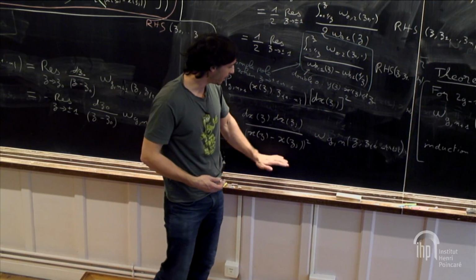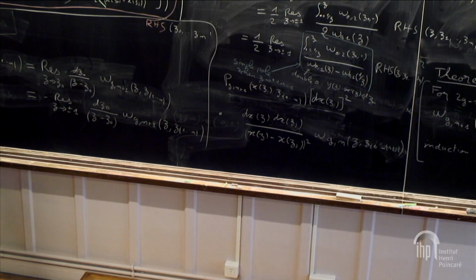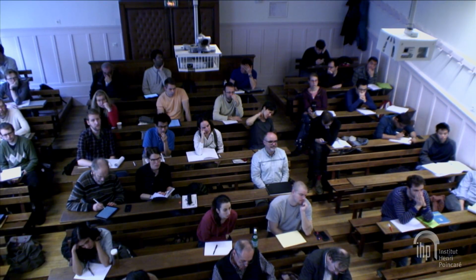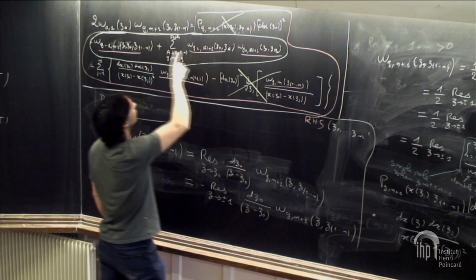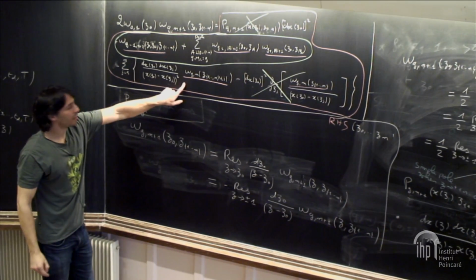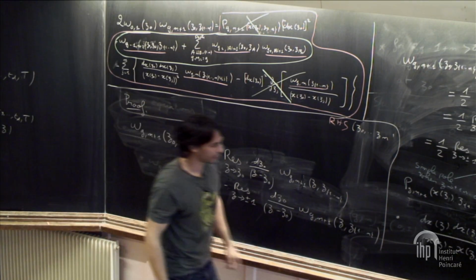But this term has a very peculiar behavior compared to the other ones. If you look at it, this is symmetric under z goes to 1 over z, z0 goes to 1 over z0. This one as well, this one as well. But this one is skew-symmetric when z goes to 1 over z, or z0 goes to 1 over z0.